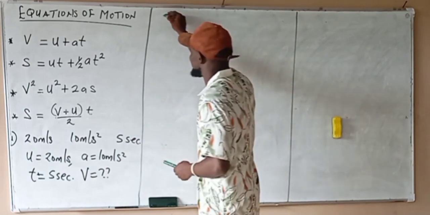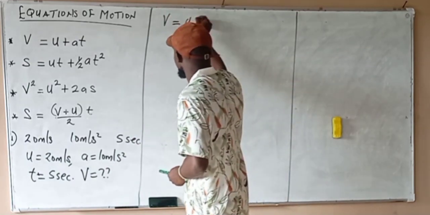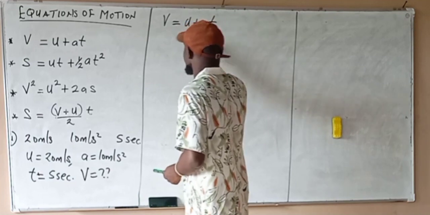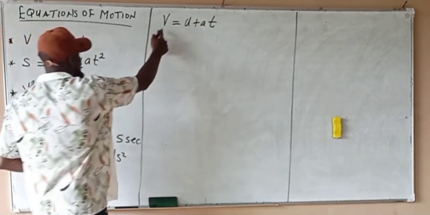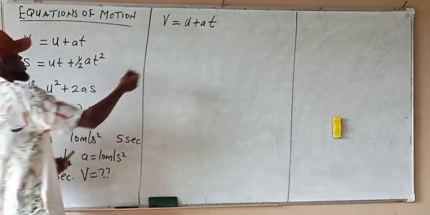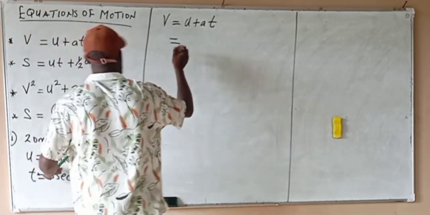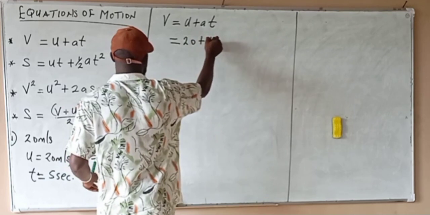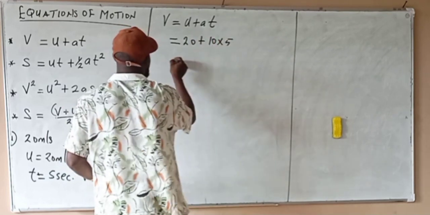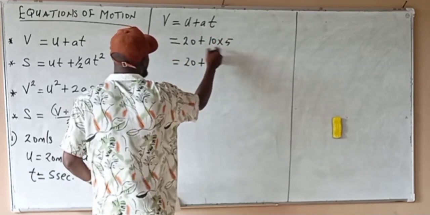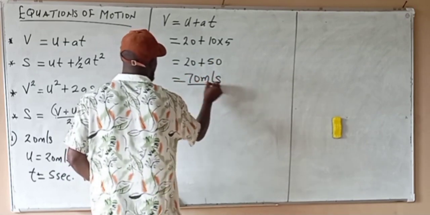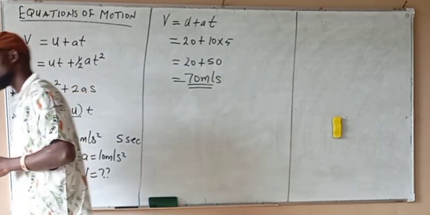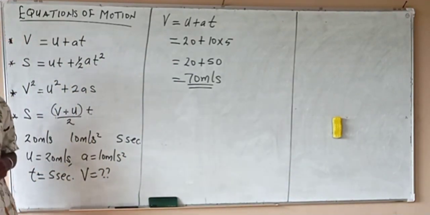Equation 1: V is equal to U plus AT. This relates V, U, A, and T together. So, we are looking for V, which is the final velocity. On substituting, we have 20 plus 10 times 5, that is 20 plus 50, which is equal to 70 meters per second. That will be the final velocity of that car.